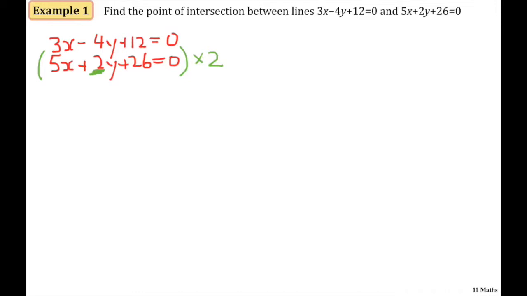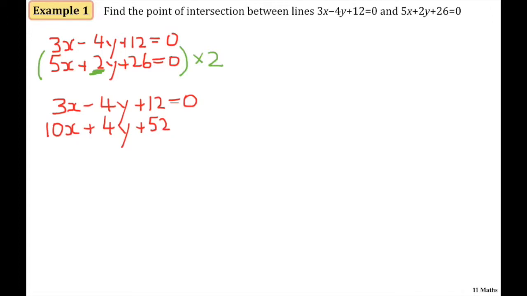So I'm going to rewrite my two equations. I've got 3x minus 4y plus 12 equals 0. But my second equation now becomes, well, everything is multiplied by 2, so it becomes 10x plus 4y plus 52 equals 0. Everything was doubled.